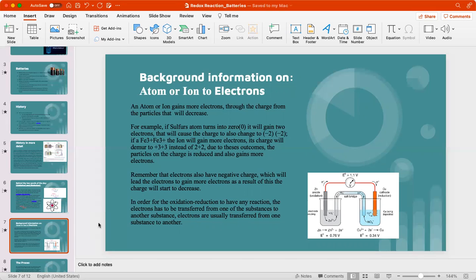Remember that electrons have negative charges, so when gaining more electrons the charge will start to decrease.